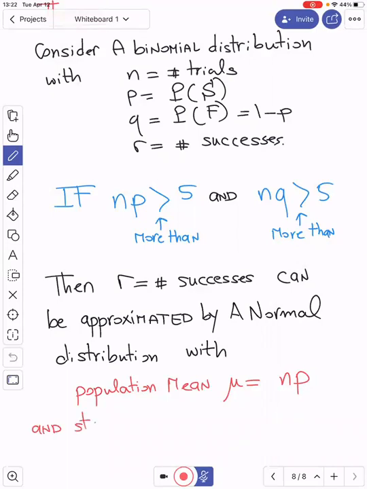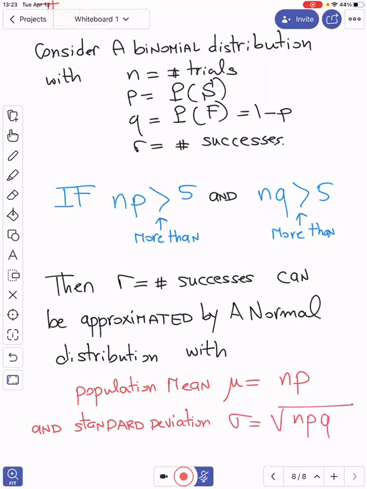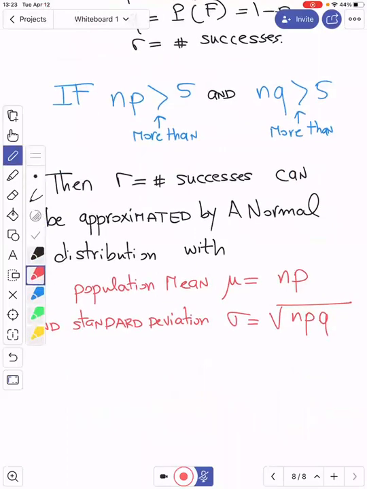Remember, we said the mean of a binomial distribution is N times P, and the standard deviation is the square root of N times P times Q. This is exactly what we had in section 6.3.